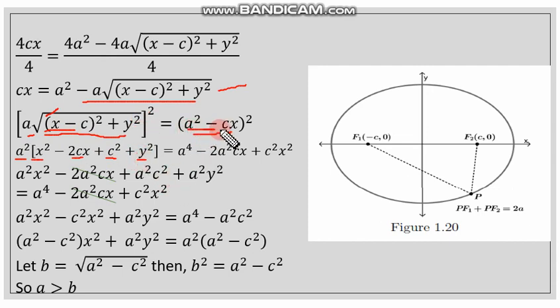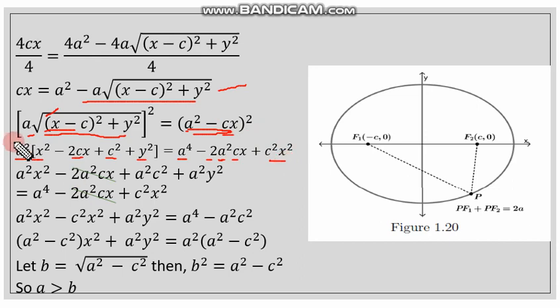Next, let's expand this one. (a squared minus cx) times (a squared minus cx): a squared times a squared is a raised to the fourth, then 2 times a squared times negative cx is negative 2a squared cx. And lastly, negative cx times negative cx is positive c squared x squared.